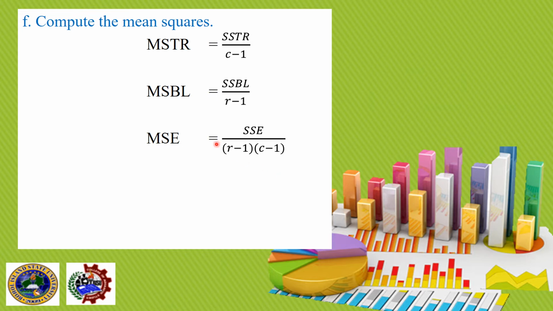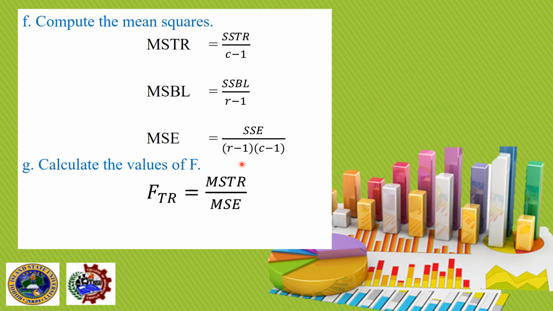Next we will find the mean square for error, which is equal to SSE over R minus 1 times C minus 1. Next we will calculate the values of F. So we have first F sub TR, or the F value for treatment, which is just equal to MSTR over MSE.